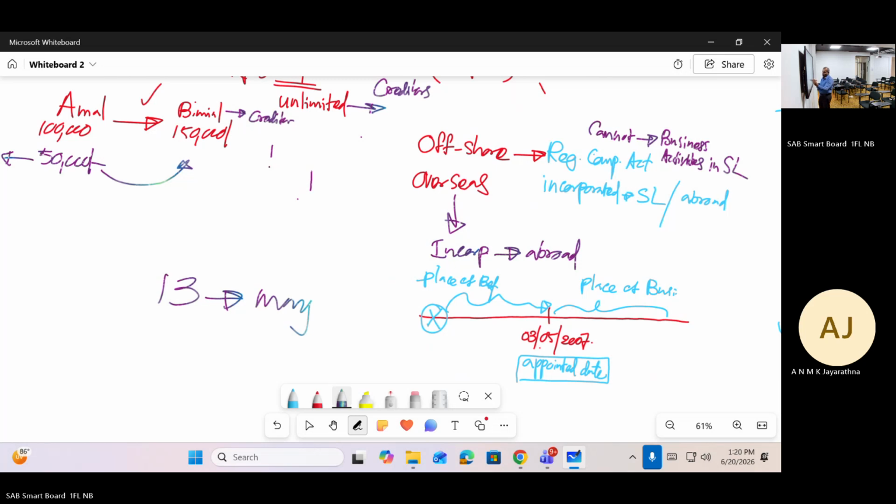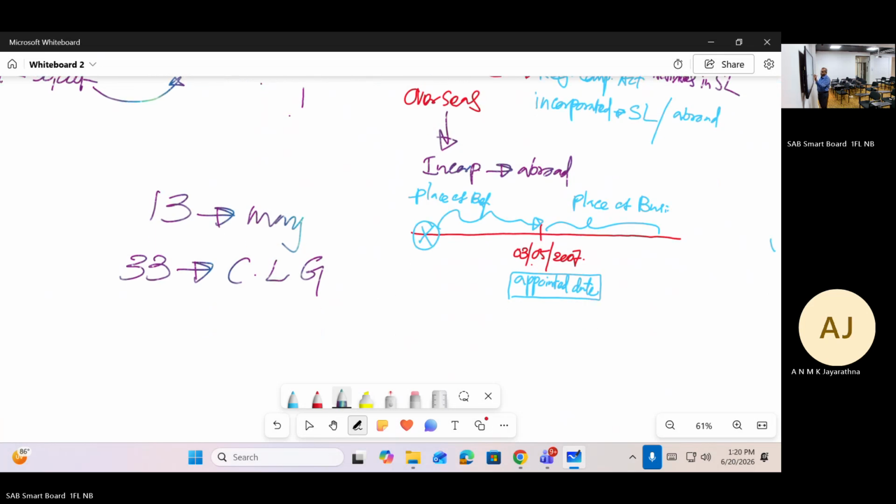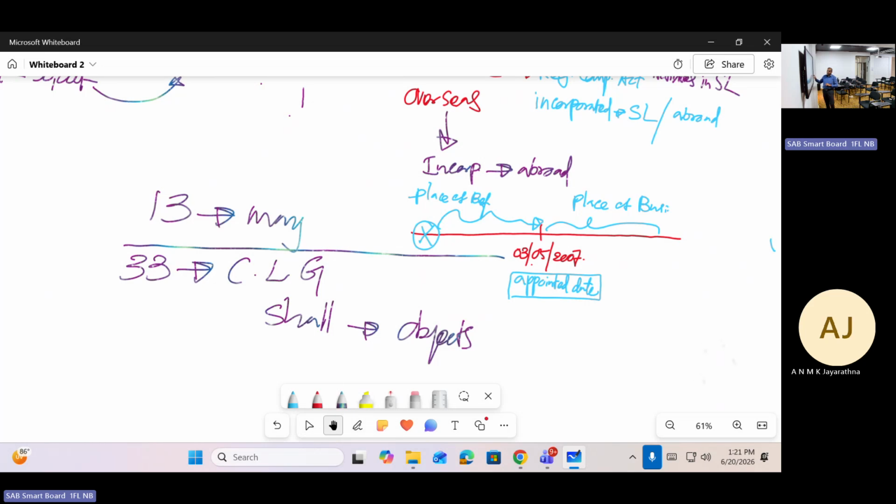But section 33 or 34 says if it is a company limited by guarantee, this company shall mention its objects in the articles of association. Shall mention. Therefore, this is mandated. May means optional. The company can mention its objects or can avoid mentioning its objects. We have discussed this in the articles of association. Either it says may or shall. Section 33, shall mention its objects if it is a company limited by guarantee. Therefore, it is a mandated requirement. Compulsory.